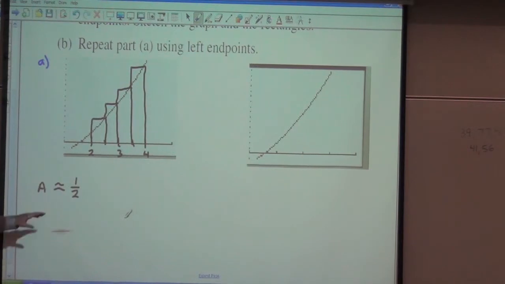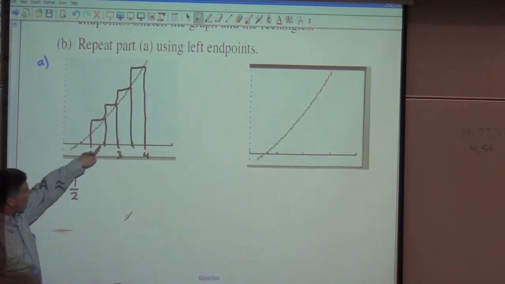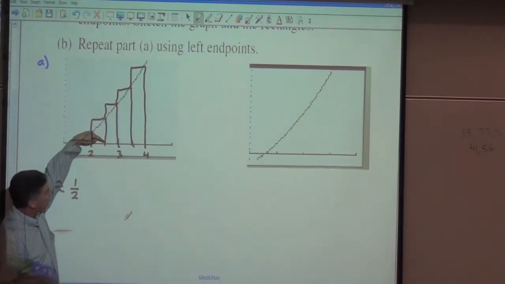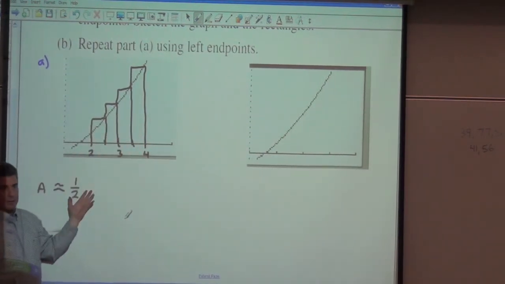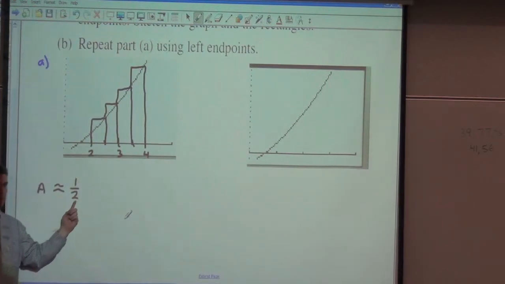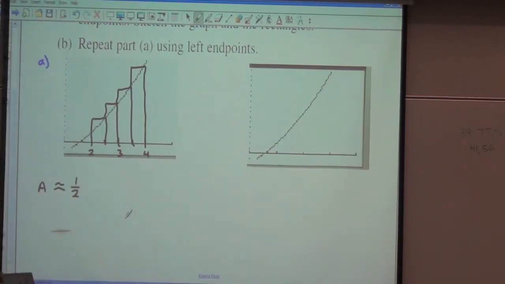Because we could go through and do the width times the height, width times the height, or we could factor the widths out. The width is always going to be the same, so we can factor that out and then just take the sum of the heights. Here, this is 2 to 3, so in between there, this is 4 over 2, this would be 5 over 2, 6 over 2, 7 over 2.